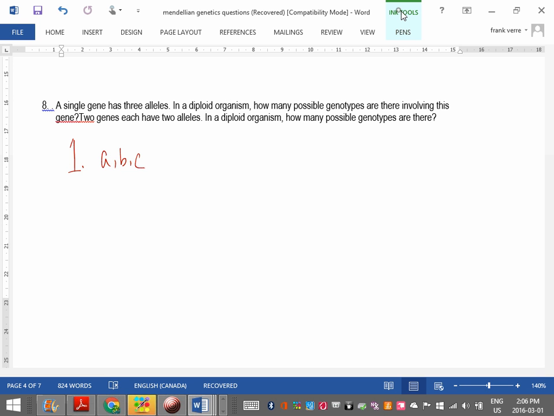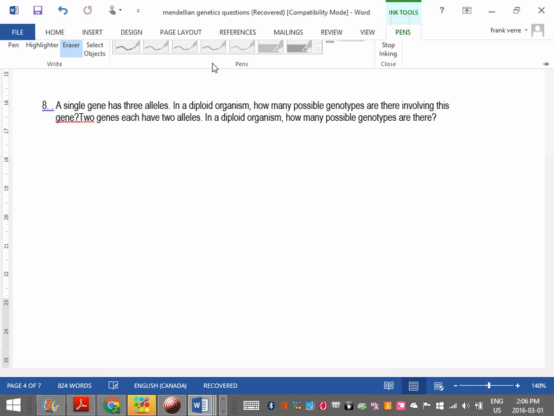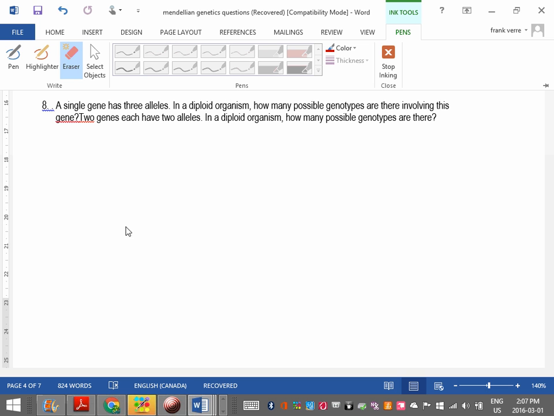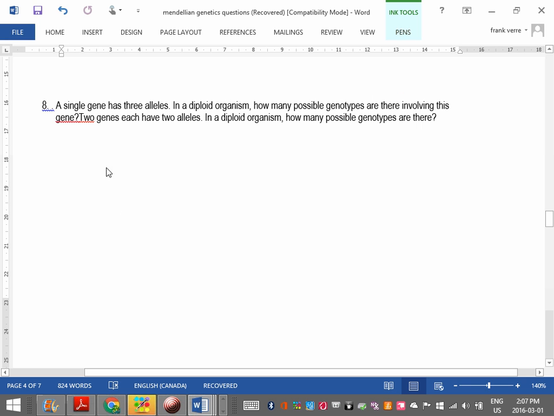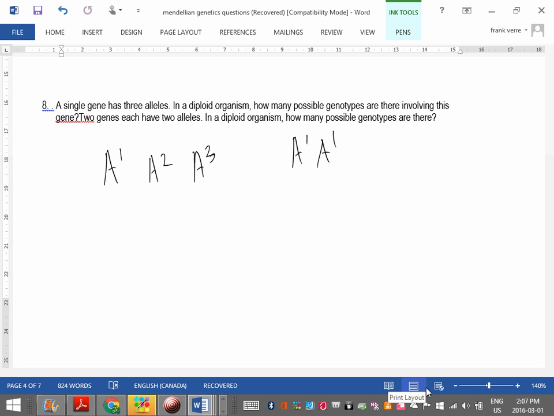I said, you know what, this is going to mess you up if I use 1. I'm going to do it differently. You're used to letters being genes, right? So let's stick with that. Let's say a gene is going to be A1, A2, or A3. There's 3 alleles, right? So one genotype could be what? A1, A1, right? What's another possibility?